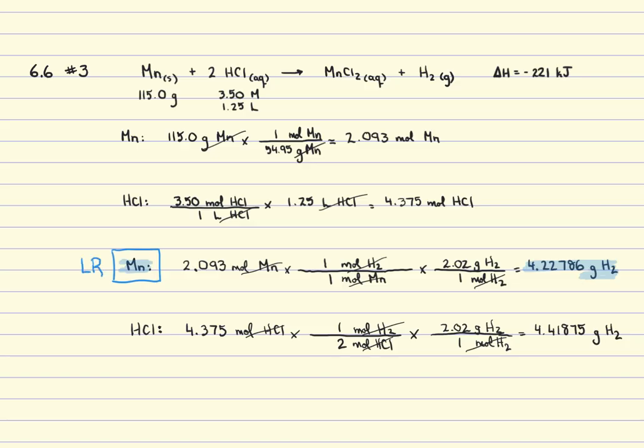You can call it either. And we also know, now we should use our sig figs, and this one had 4 sig figs, 4.228 grams of hydrogen are going to be formed.